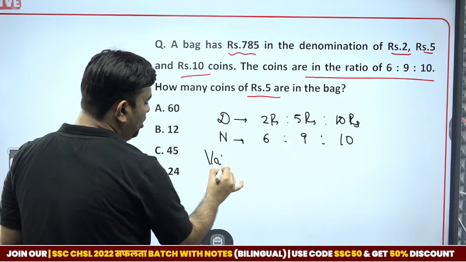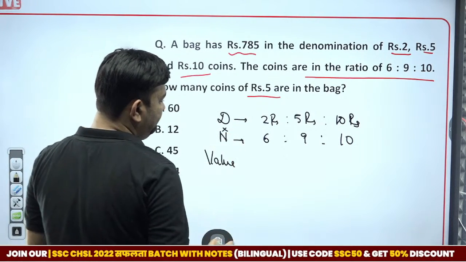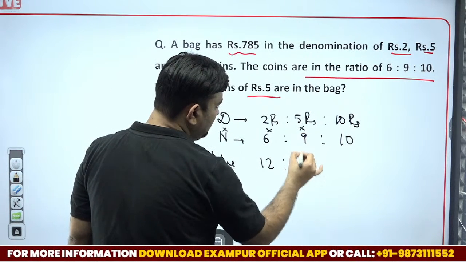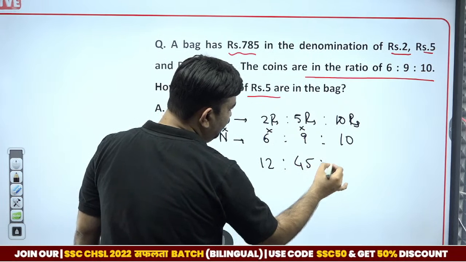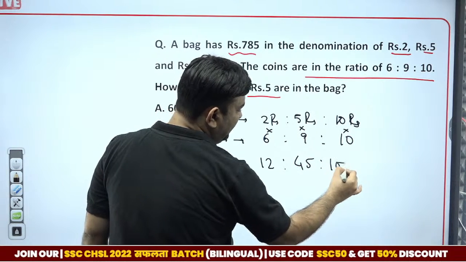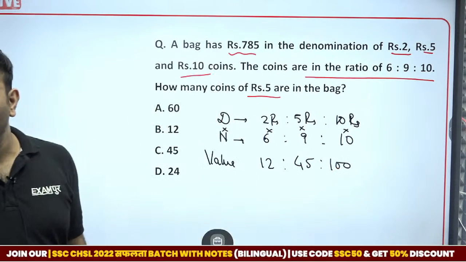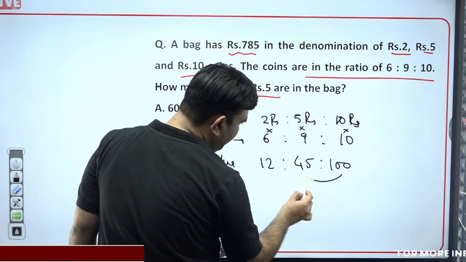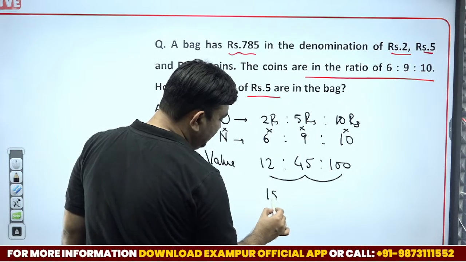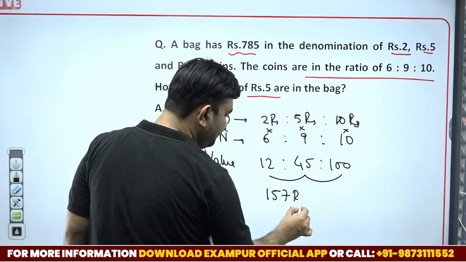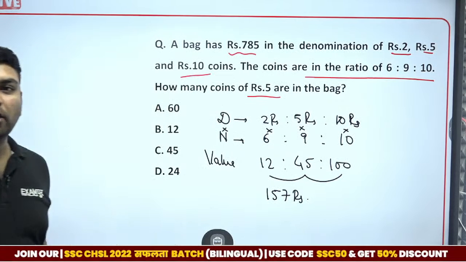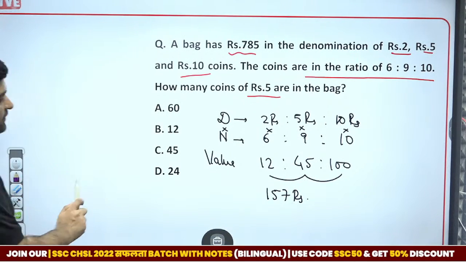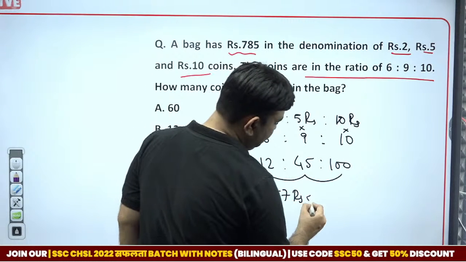So value according to the ratio is 6 twos are 12, 9 fives are 45, 10 tens are 100. So 12 plus 45 plus 100 is 157 rupees. The value according to the ratio is 157 rupees, which is given as 785.